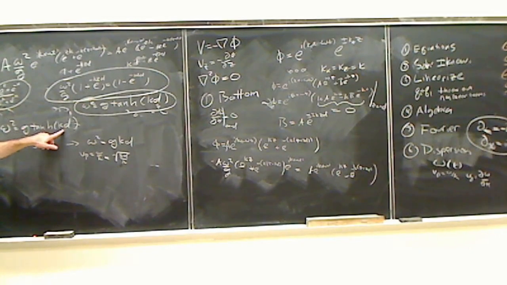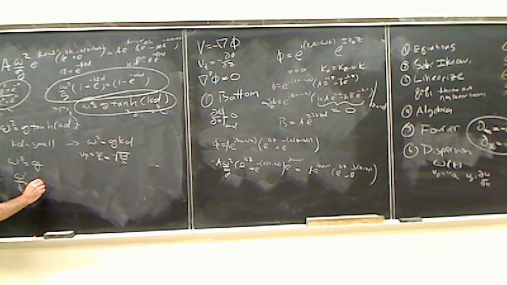If I say that k times d is large, what does hyperbolic tangent do as the argument goes to infinity? It goes to 1. So then we're left with omega squared equals just g. So then omega squared over k squared is just g times h.